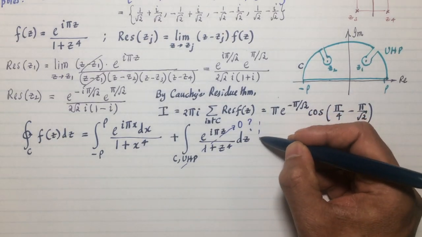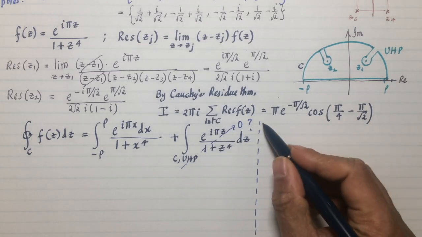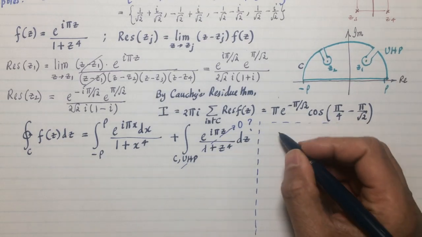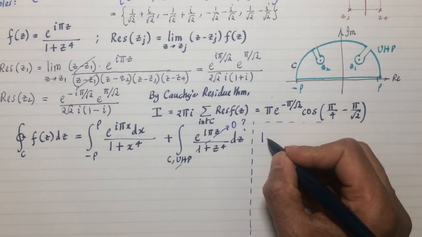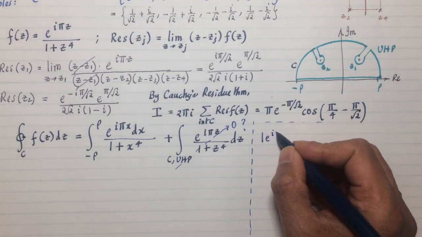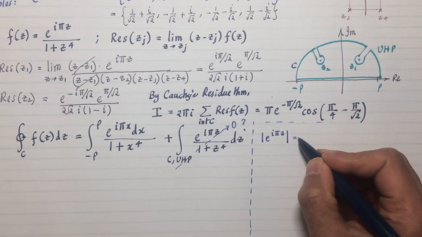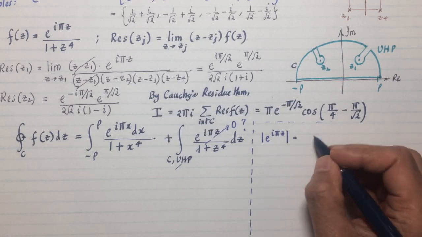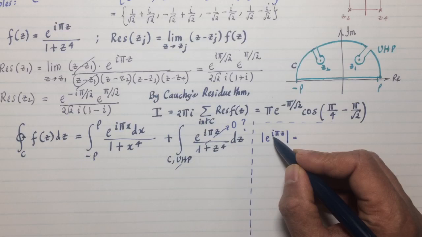The argument goes as follows. We can estimate the magnitude of the numerator. It's e to the i pi z. Well, z can be written as x plus iy, and if I multiply i times i y, I get negative pi y.